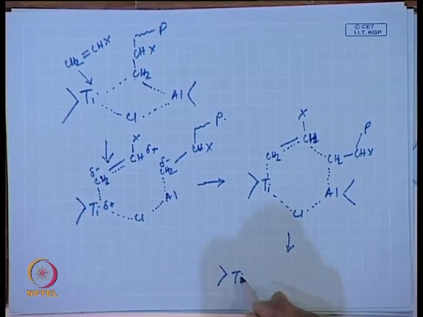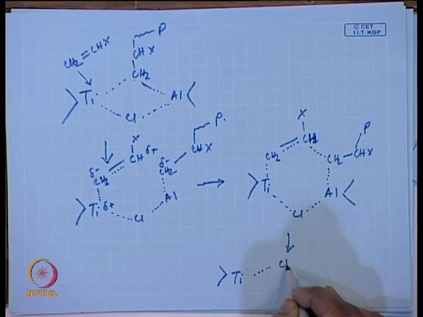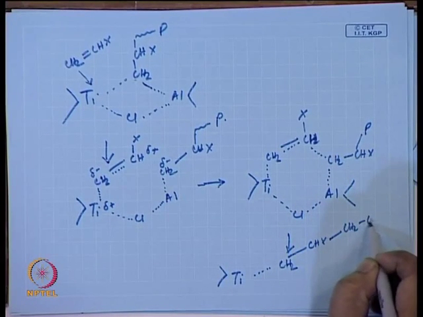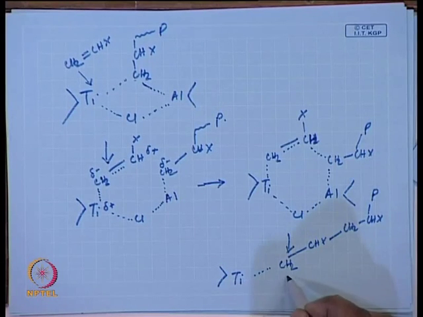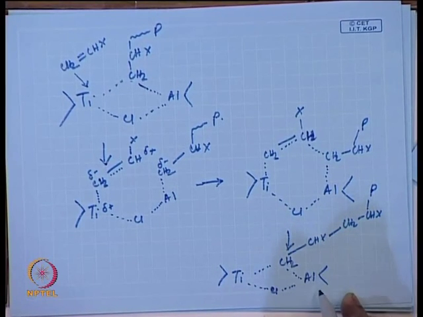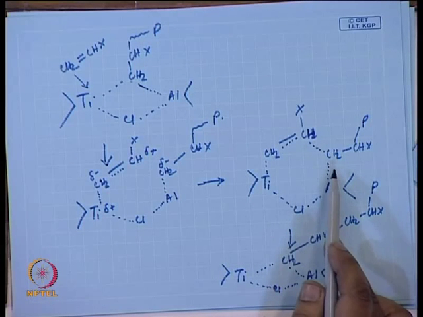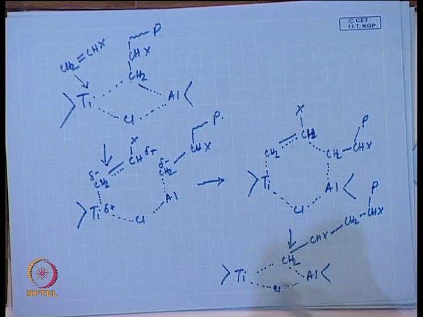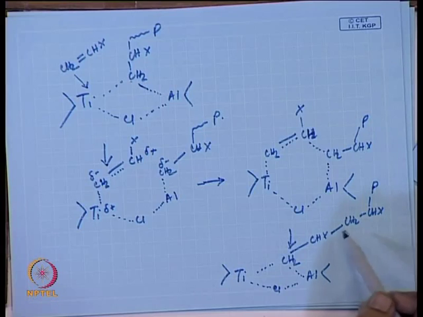So, inserting this new monomer in the aluminum carbon bond regenerates the bridged complex. Again, the next monomer comes and gets inserted here, following the same mechanism, and you get a linear polyolefin in this case.